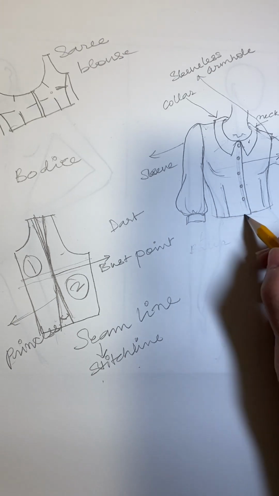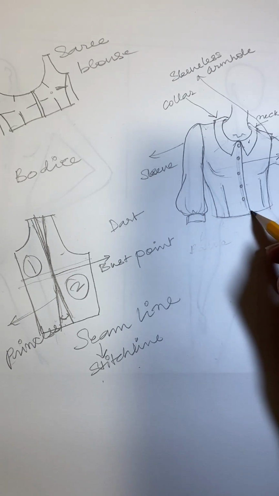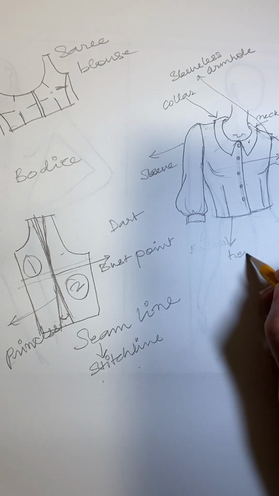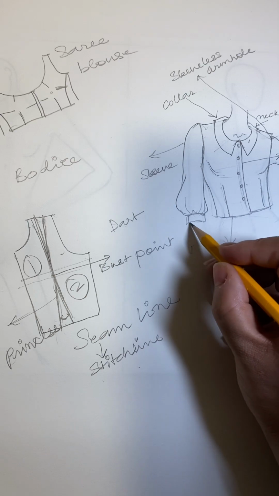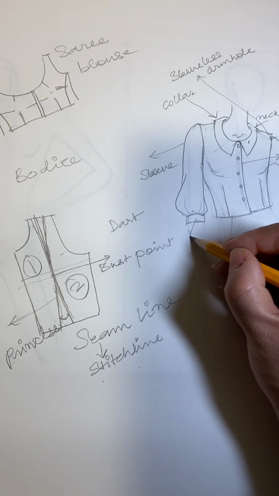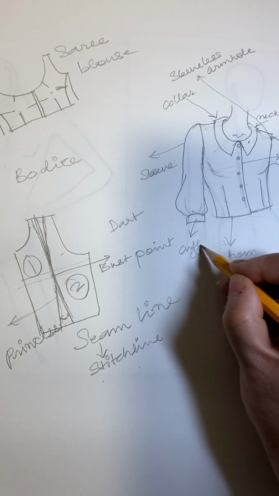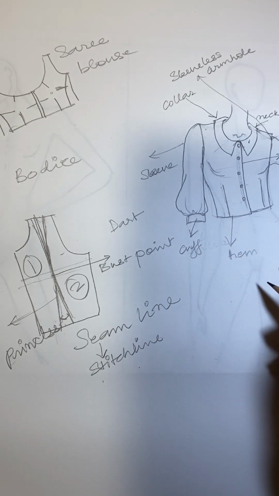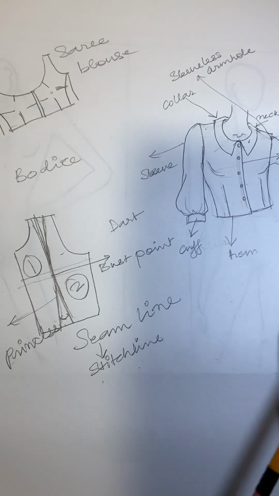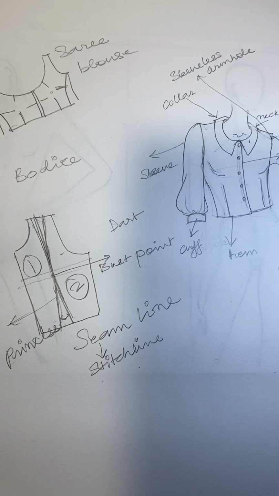This, which is the bottom part of any garment, is known as a hem. This is the cuff. Cuffs you see very commonly in shirts. Full sleeve shirts have cuffs.